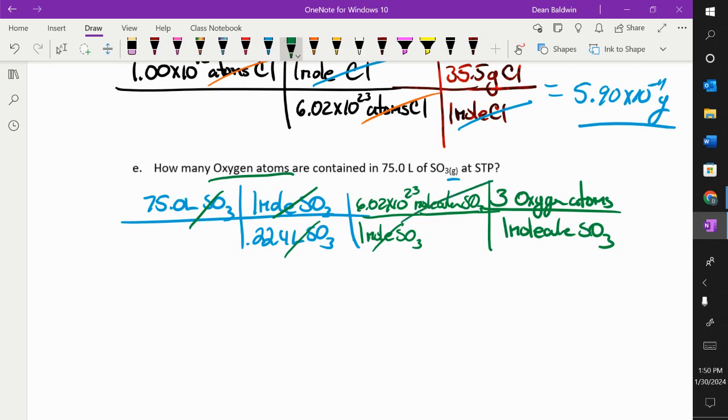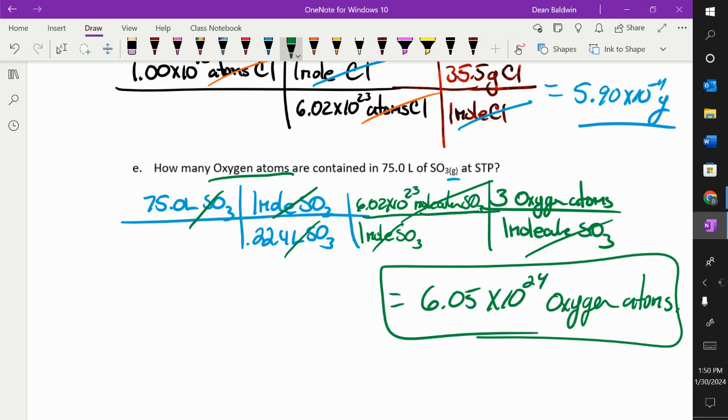Then those cancel, you multiply across, you divide by 22.4, and you should get 6.05 times 10 to the 24, I think, oxygen atoms. Okay?